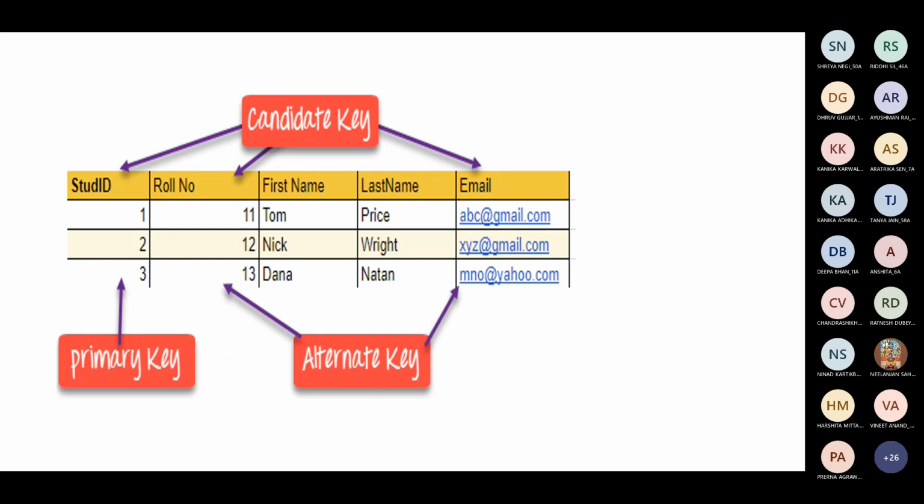It can be used as primary key, yes or no? Yes, sir. And Chandrashika's ID is Chandrashika underscore eco K23 at if.edu. She may ask me, sir, why can't we use email as our primary key? Then what would be your answer?